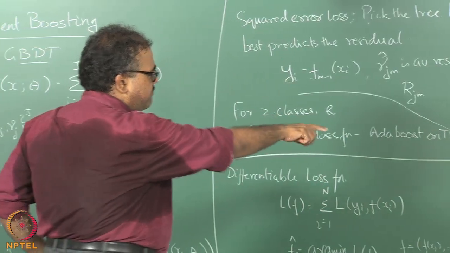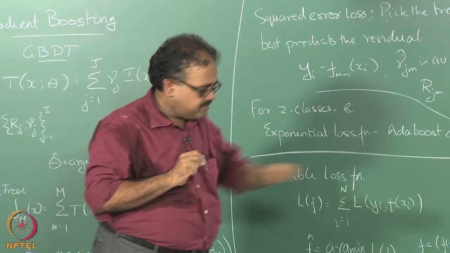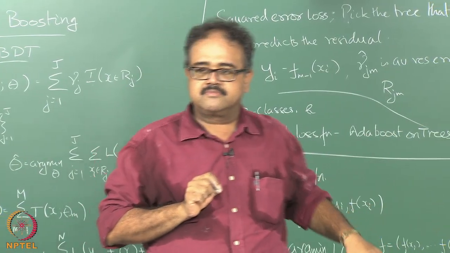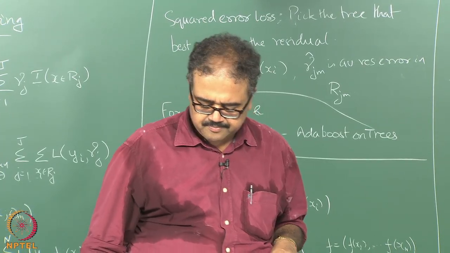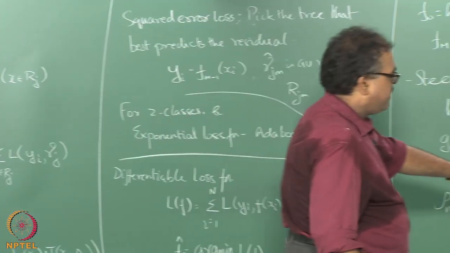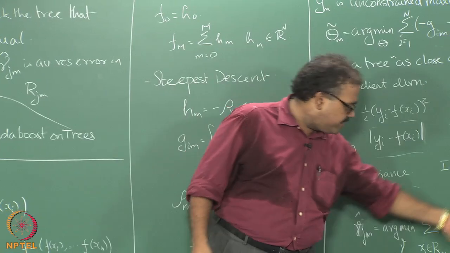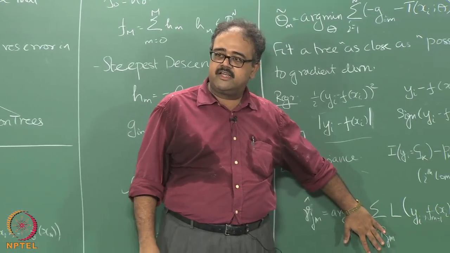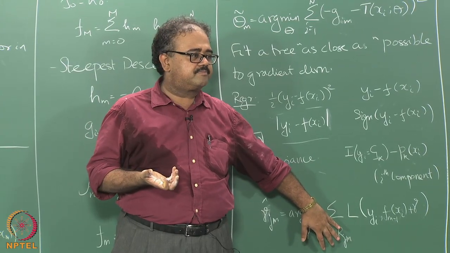If you think about it, this might not necessarily be the most ideal way of doing things. Why is that? If I want to predict gamma hat_Jm that truly minimizes the loss function, forget about the R_Jm's, I might want to split the space in a different way.